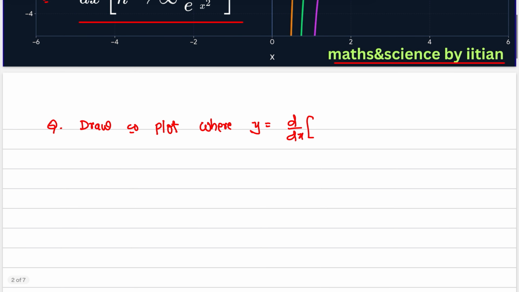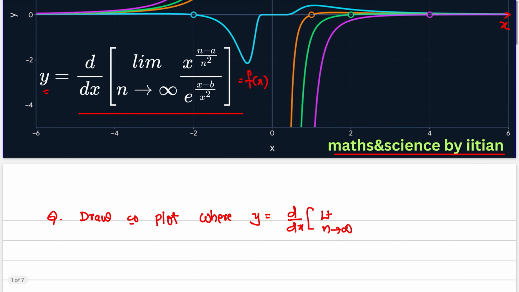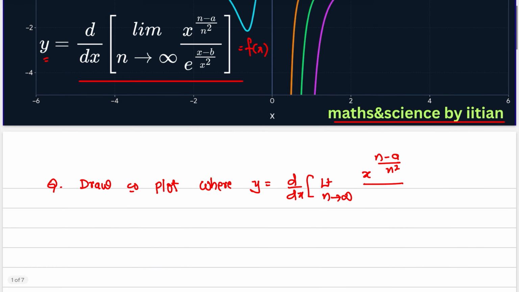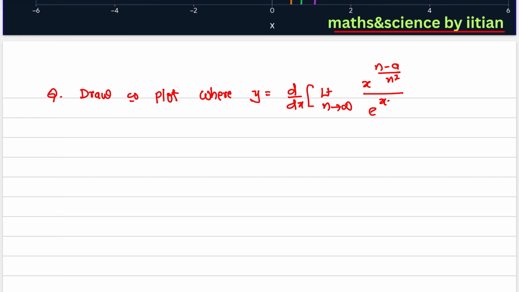Draw or plot, where y is equal to d by dx of limit n tends to infinity of (x to the power of n minus a by n square) whole divided by e to the power of (x minus b by x square).